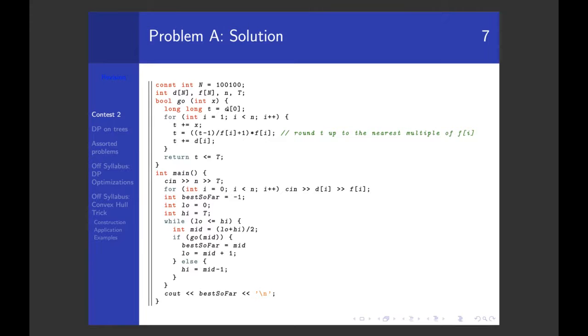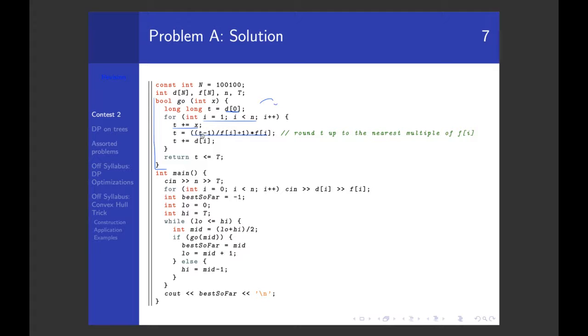This is the code for the problem. So this is our binary search check function. This is the time to get to the first station, because when we arrive, we can take the first train immediately. And then for each city, we wait there for X seconds. This rounds up immediately.